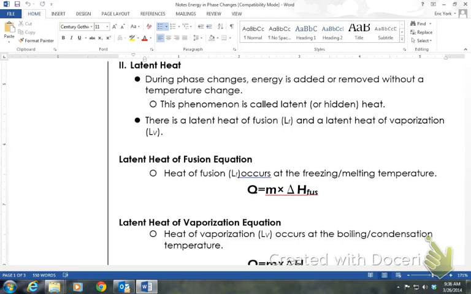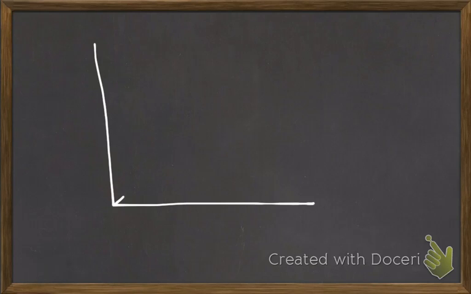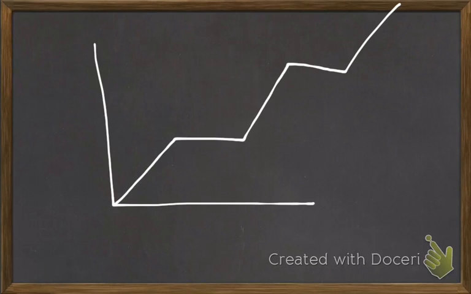Okay, now we're going to look at something called latent heat, depending on how you pronounce it. For latent heat, you are adding energy to a chemical or to a system, and because it's producing a phase change, there's actually no change in temperature. So if we draw an energy diagram, a phase diagram again, so here's our phases.